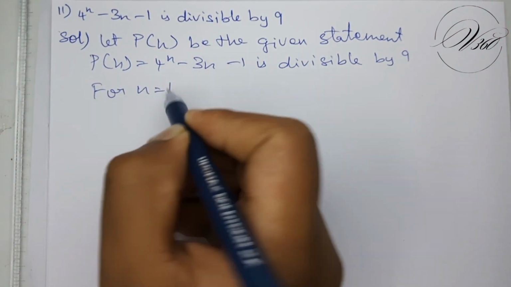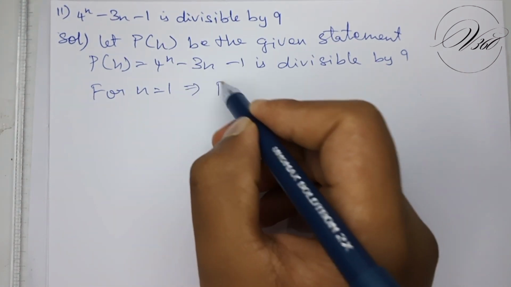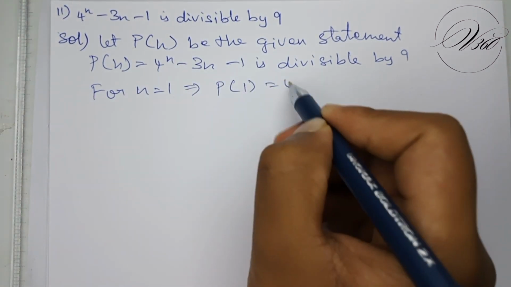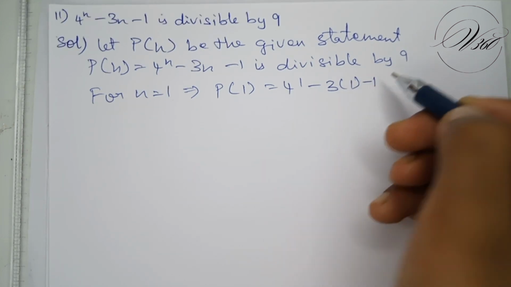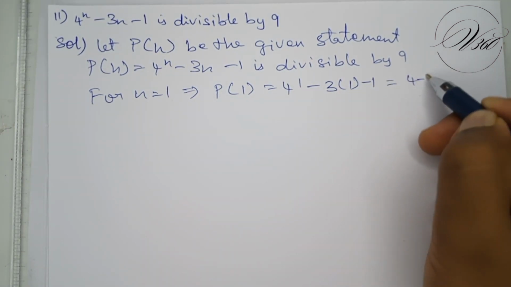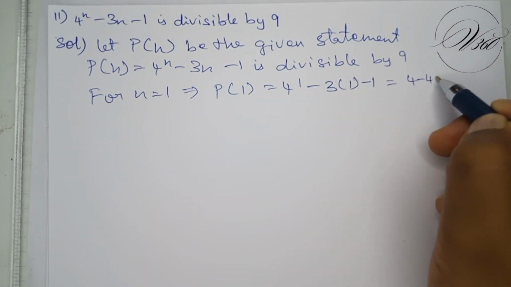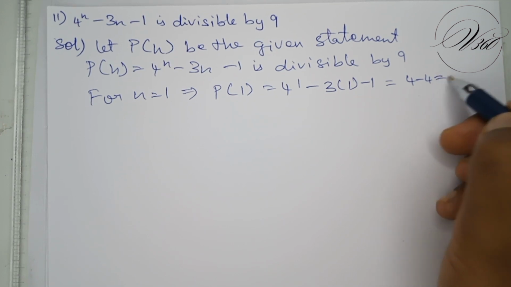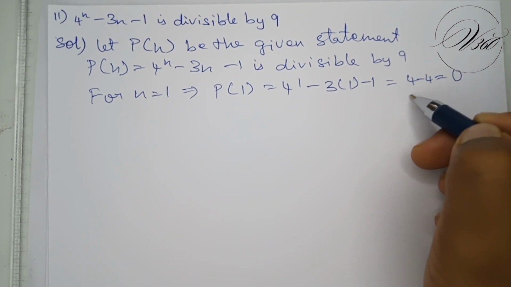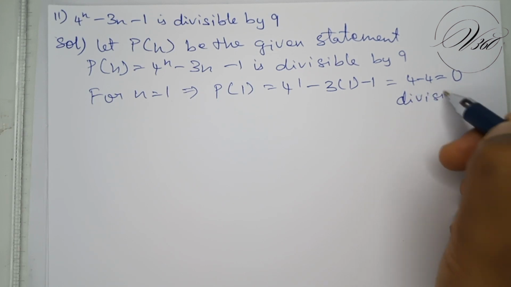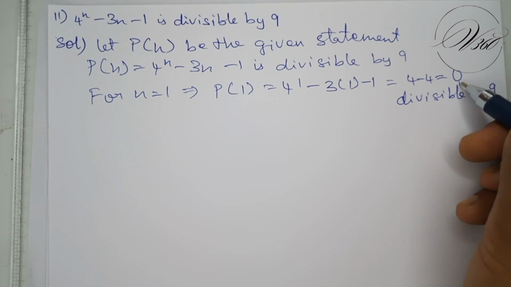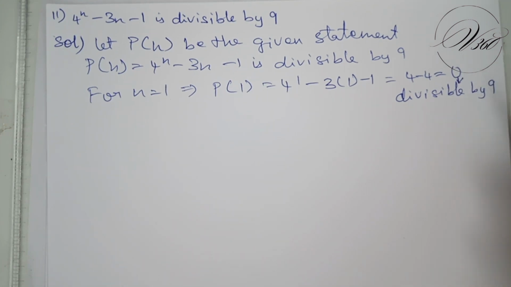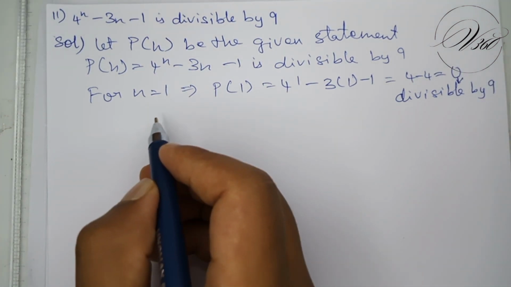For n equals 1, P of 1 is equal to 4 to the power 1 minus 3 of 1 minus 1, that equals 4 minus 4, which is equal to 0, which is divisible by 9.